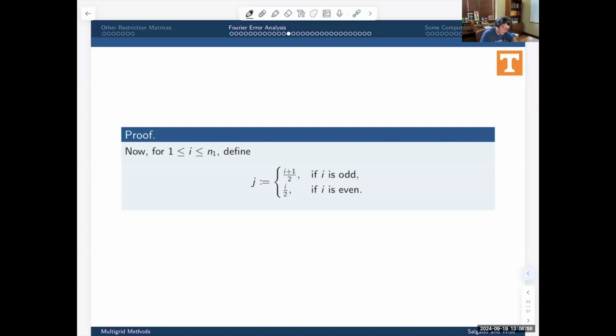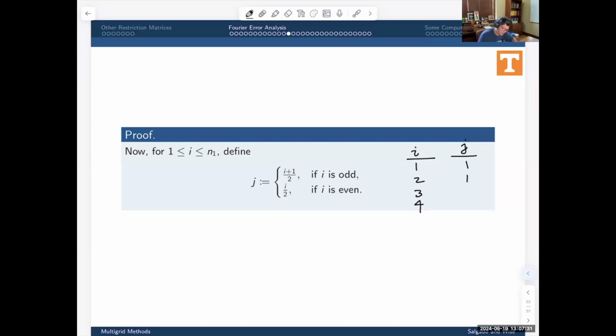So let's look at this. Whenever I have I equal to 1, 2, 3, 4, what are the values of j coming out from that? Well, the first I is odd, so we add 1 to that, divide by 2, and we get j equals 1. The second one, I is already even, so we're not going to do anything to that but divide by 2, and we get 1 out in the end. The third value of I is odd, so we add 1 to that.